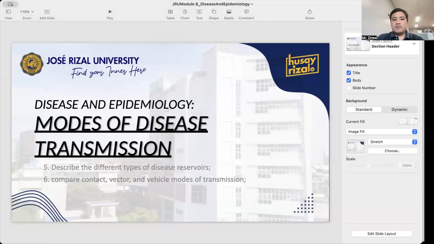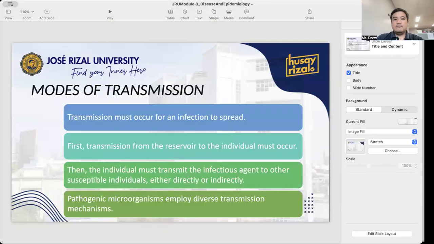Next, disease and epidemiology, modes of disease transmission. Modes of transmission occur from reservoir to individuals, then the disease is spread through direct or indirect contact. Pathogens employ diverse transmission mechanisms.